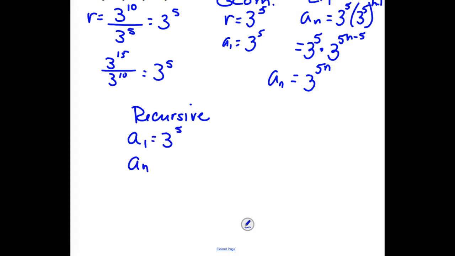Every term after that is followed by doing what? Previous term times 3 to the 5th, right? Times our R value. Okay? So it can be written both explicitly and recursively.